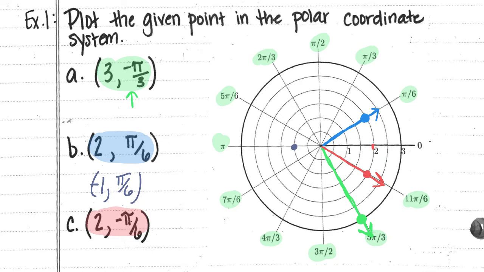So I'm going to actually go pi over 6. I'm going to erase this negative 1, but negative 1 is going to bring me here, and I have to go pi over 6, which is going to be here. So it's a little different if they switch it up on you. So remember, the negative is going to go negative, just like you would in a rectangular coordinate, and then the pi over 6 is going to continue to go counterclockwise around the unit circle.